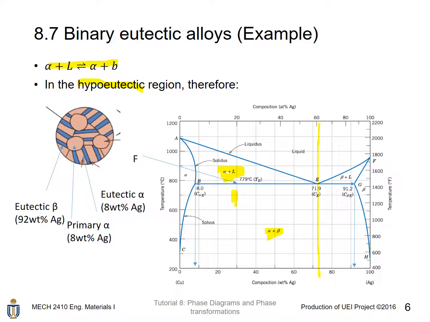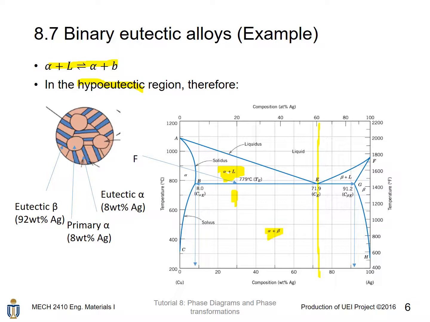and using a similar argument, after it passes through the solidus line, we will have the lamellar structured eutectic alpha and eutectic beta.